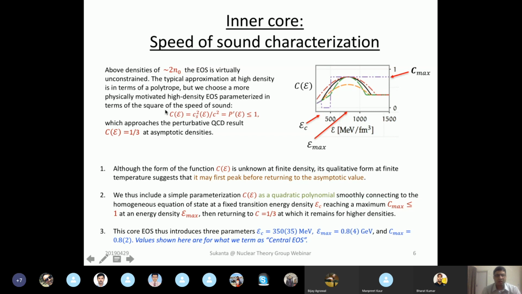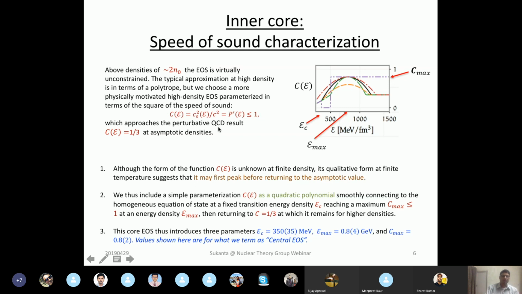So here, big C, as a function of the baryon energy density, is written as this ratio, where Cs is the speed of sound as a function of E, and c itself is the speed of light. And this, of course, as is known, is related to the derivative of the pressure with respect to E. For causality, of course, we require this to be less than or at most equal to unity.